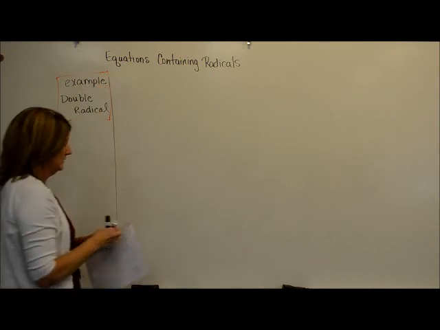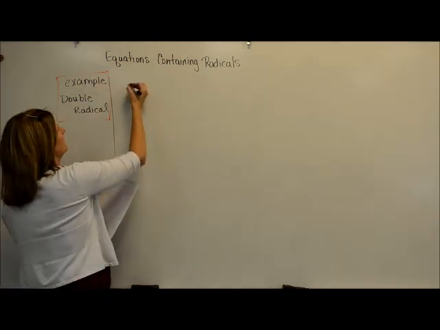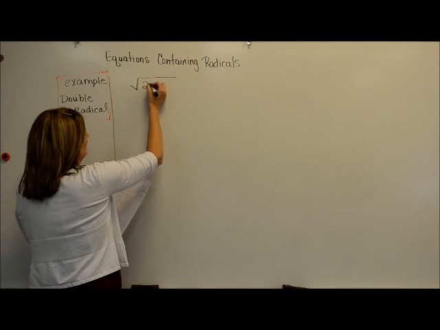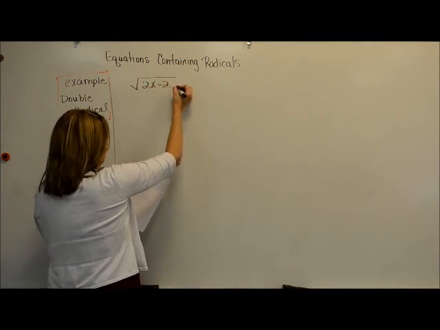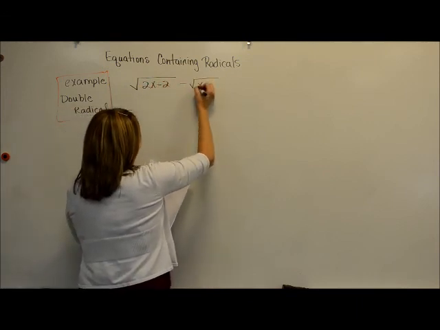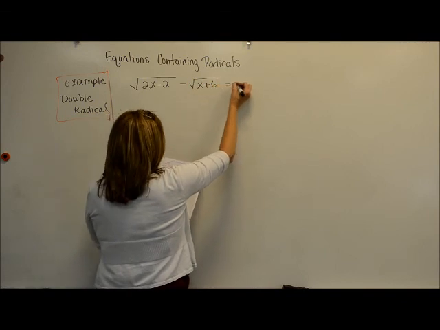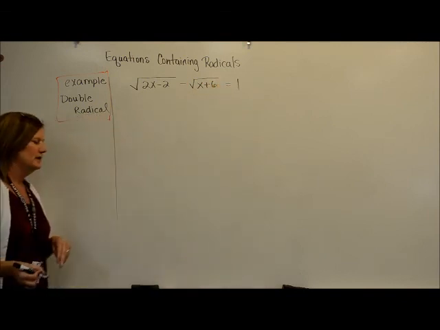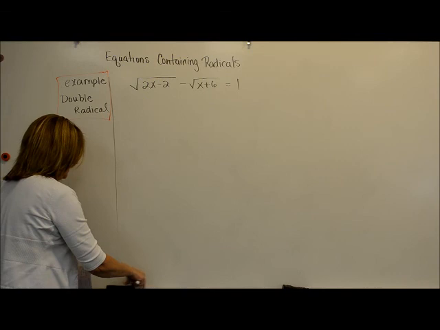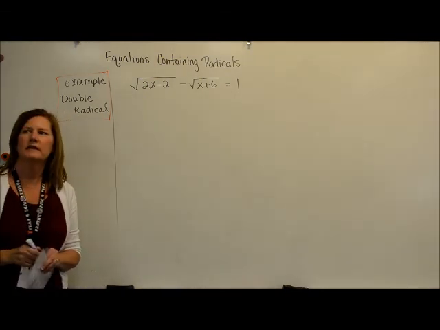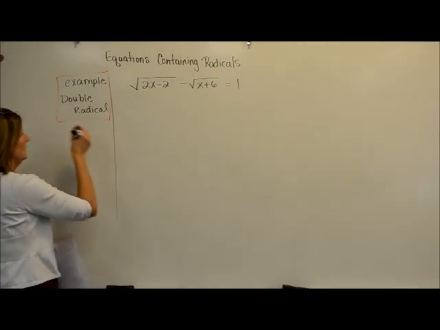Okay, well, a double radical looks like this. So there's my double radical. There's 2 of them in there. I've got to take care of them. My first thing I'm going to do is I'm going to isolate one of the radicals.